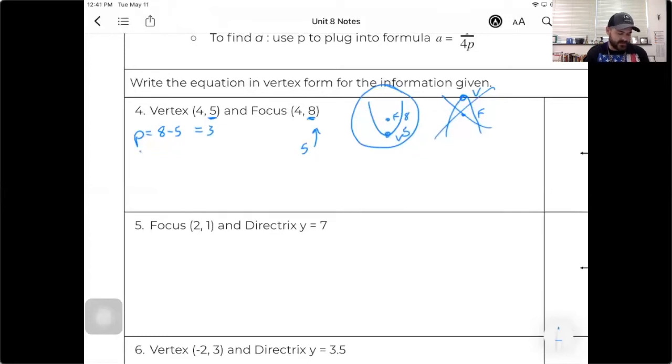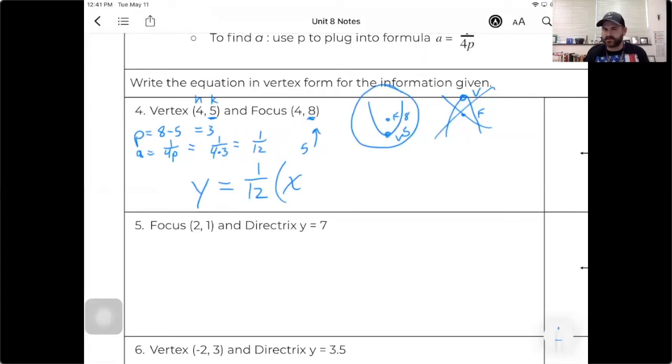Then I'm going to use this formula, a equals 1 over 4p. So that's 1 over 4 times 3, which would be the fraction 1/12. And I'm going to leave it as a fraction this time instead of a decimal. So I'm going to write my equation, y equals 1/12 times (x, and then I just plug in my h and my k.